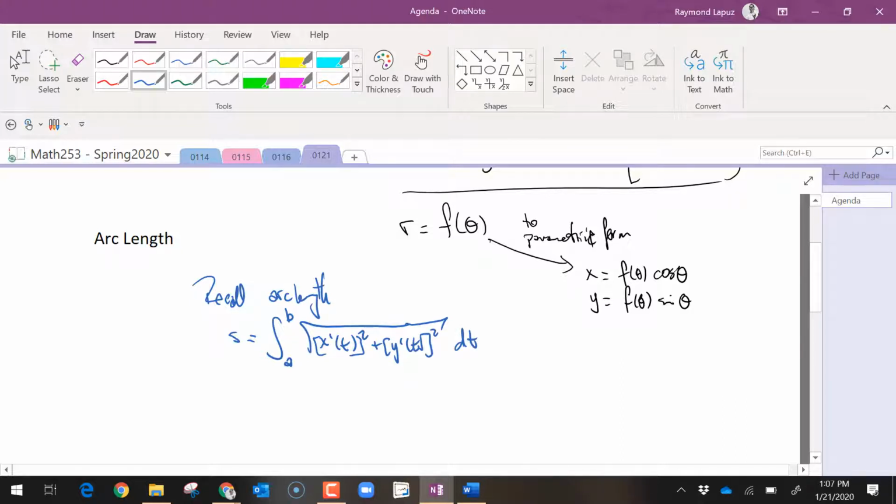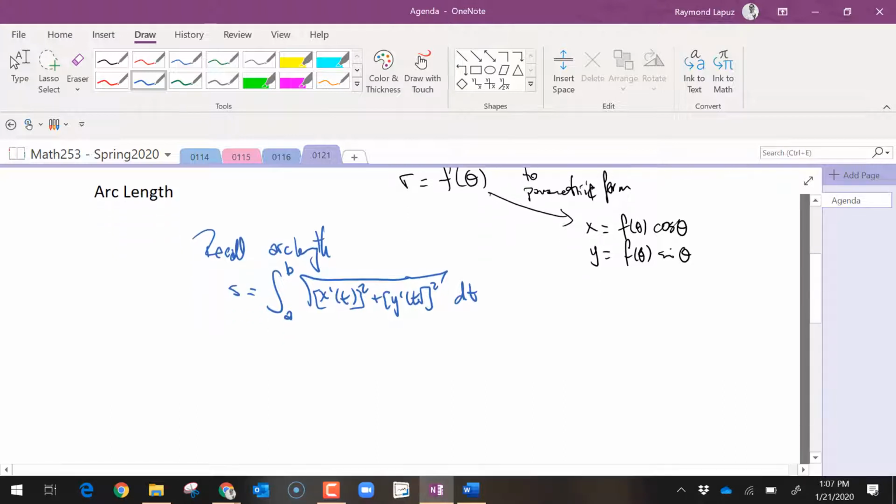I think that's the arc length formula. You remember? Okay, so to change our polar coordinates into parametric equations is our first step, and then we put it into the arc length formula, which means we need to take derivatives of these things. So let's go ahead and do that.